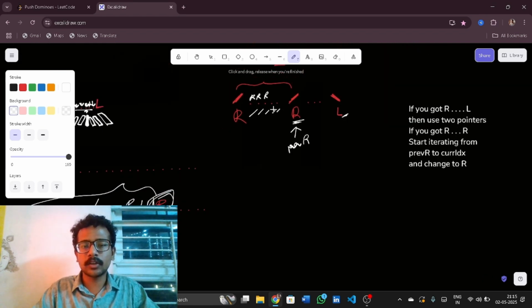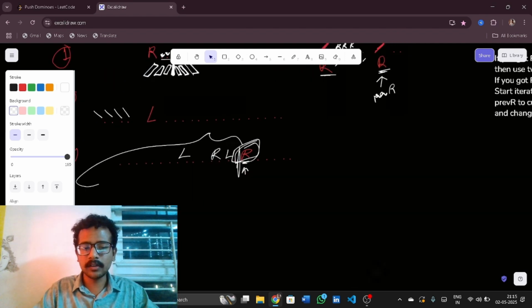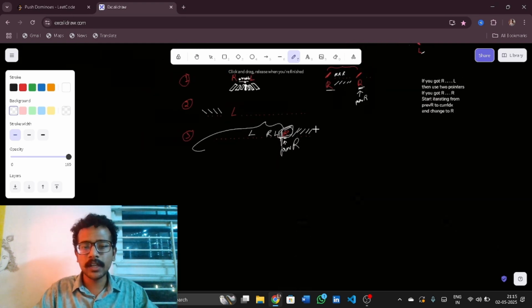I took the two pointer approach. I took this when you got an R and you got an R again. So it's something like remove this, then you will understand, right? If you removed and you got this previous R again, that's what I wrote here. This is my previous R and it is still there, and I need to make all this fall to the right. That's what the whole intuition is.